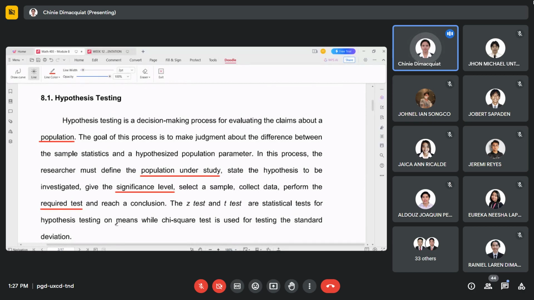Kapag si mean yung ating ginagawa ng claim, z-test or t-test ang gagamitin natin, while chi-square test is used for testing the standard deviation as well as variance. Ayan. So, ito yung ating magiging process. Though, i-discuss din natin yung step-by-step procedure sa pagsosolve ng ating problem. Maganda na rin na may idea kayo kung ano yung magiging process natin.